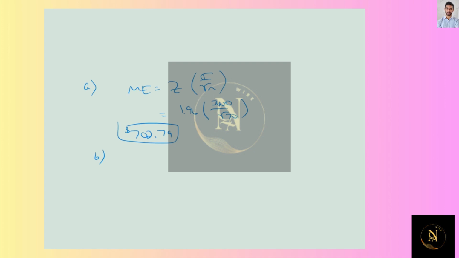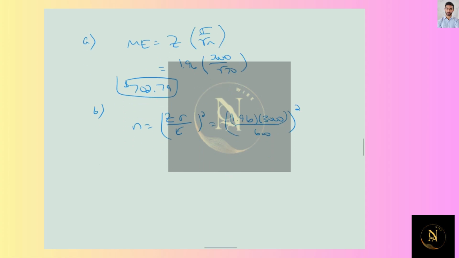For part B, the sample size required, we use the formula: the z-score times the standard deviation over the margin of error, squared. And so if we're still 95%, that would be 1.96 times 3,000 over 600 squared.